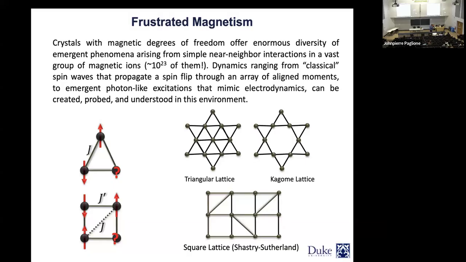So for example, if I look at the square lattice, the spins again are going to be antiferromagnetic, but then there's going to be some sort of competition between the sites. You're going to have the nearest neighbor sites and next nearest neighbor sites, and if these interactions start to compete with each other, then you're going to have, again, frustration.